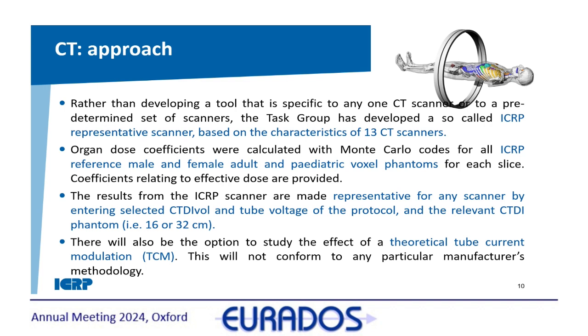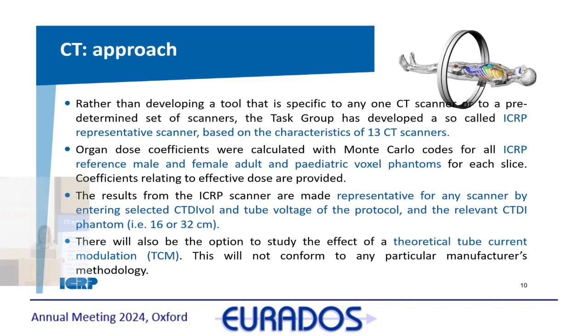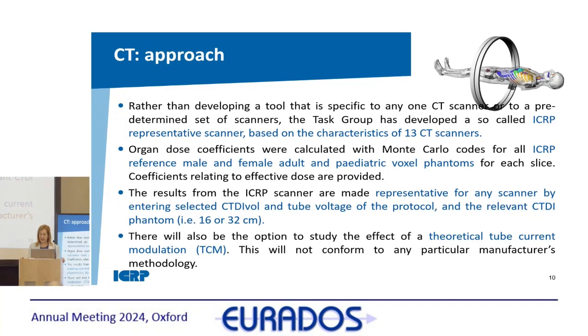Jan has a non-disclosure agreement with 4 CT manufacturers to model 13 CT scanners. And for each scanner, he was able to obtain the technical parameters for doing the simulations. It is difficult to know these parameters.